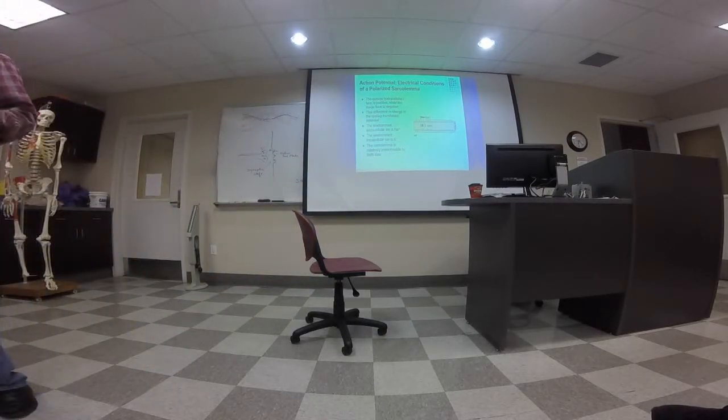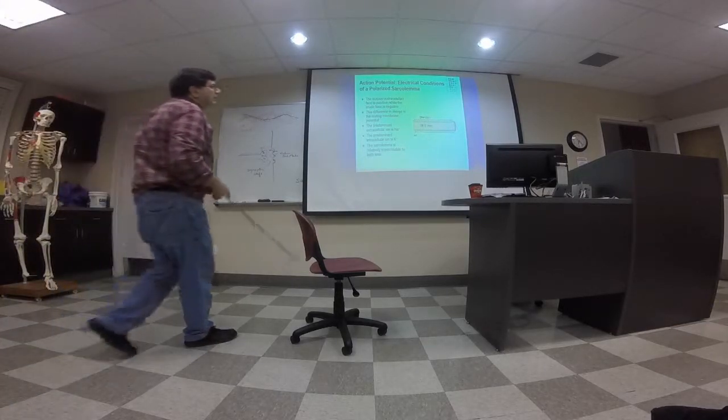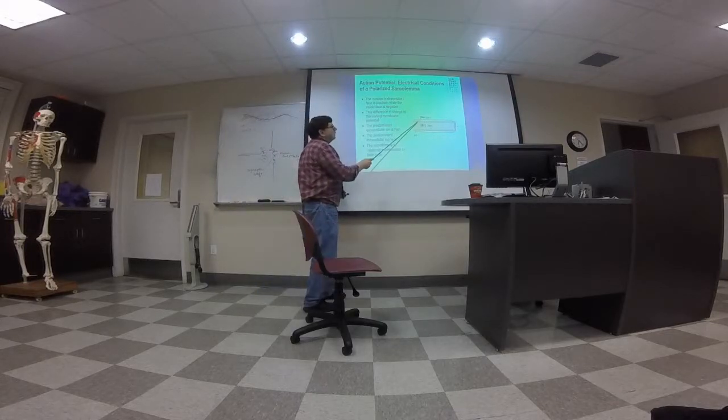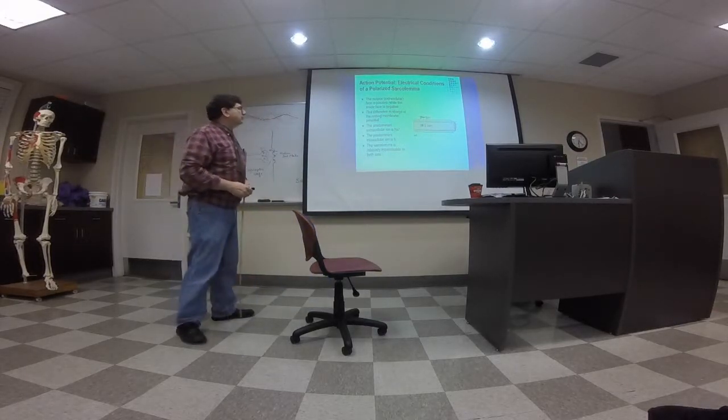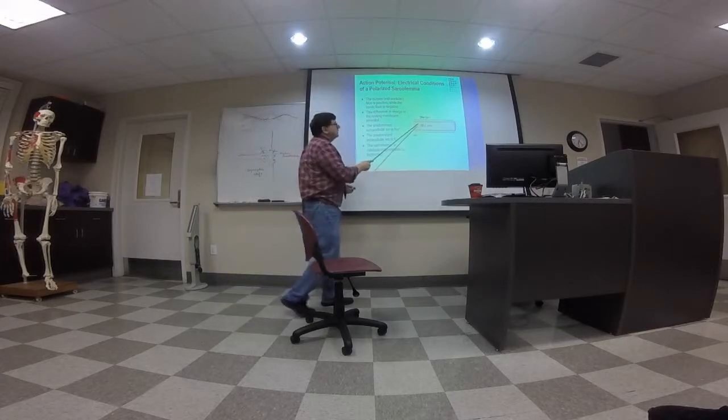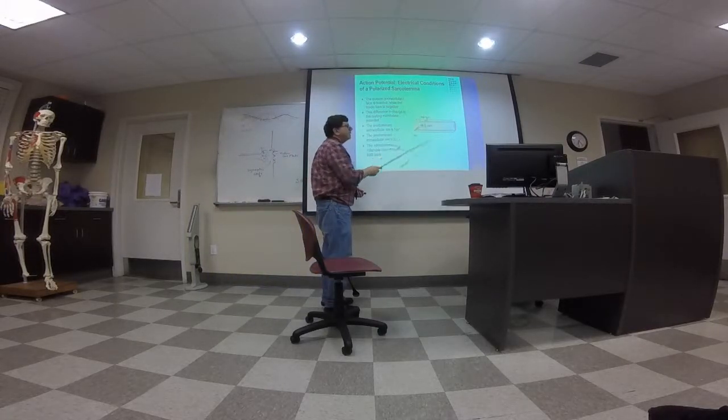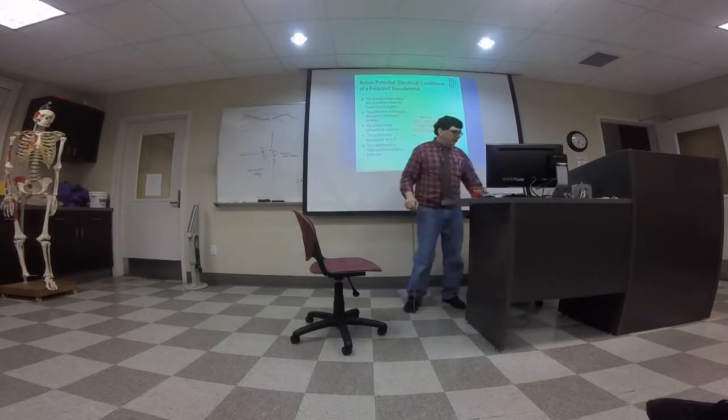And it's due to the specific distribution of ions across the membrane. But at rest, the interior of the sarcolemma, just like the interior of a neuron, is electronegative with respect to the outside. Okay? The predominant intracellular electrolyte is potassium. The predominant extracellular is sodium.